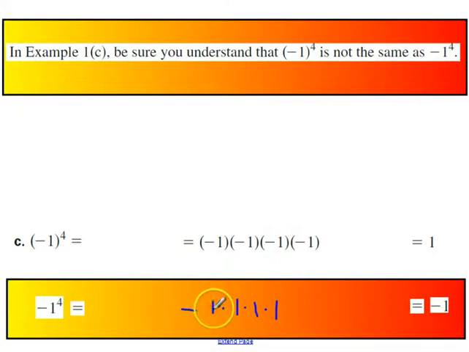So you've got a string of 4 1s, but you only have one negative sign. And again, if you have an odd number of negatives, your result is going to be negative. In this case, the exponent is next to everything inside the parentheses, so everything in the parentheses gets duplicated or copied 4 times. An important difference that a lot of students tend to get confused about.